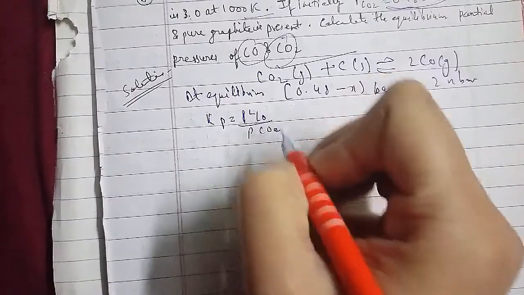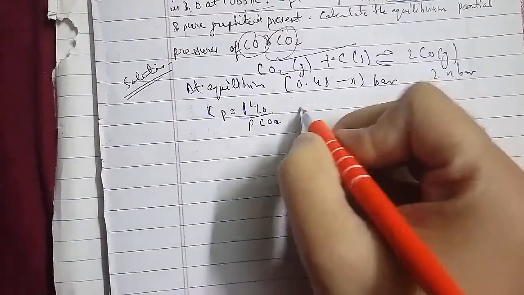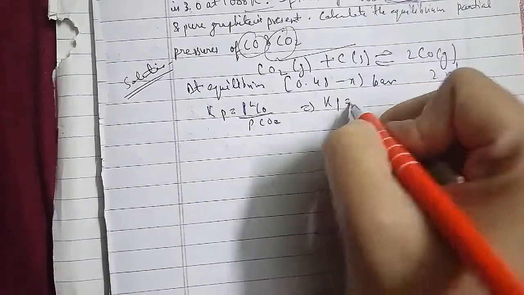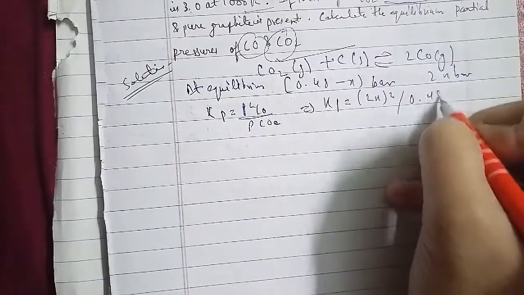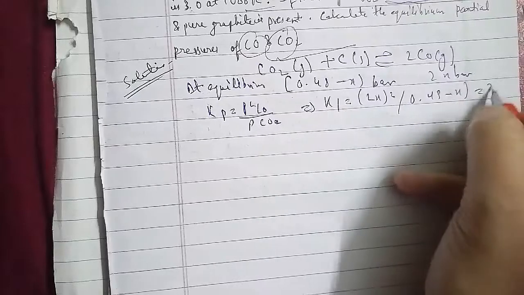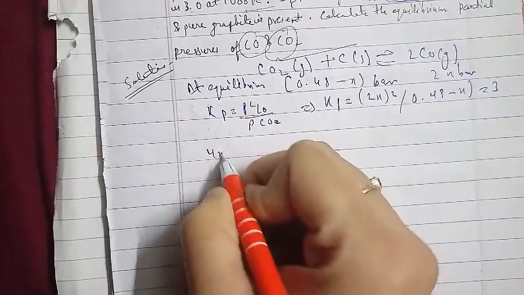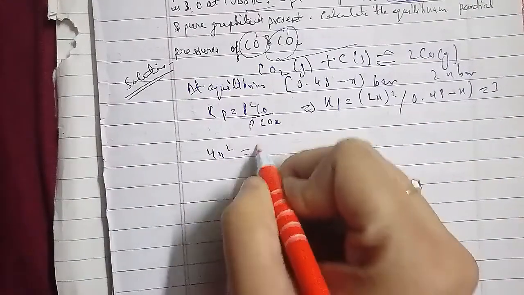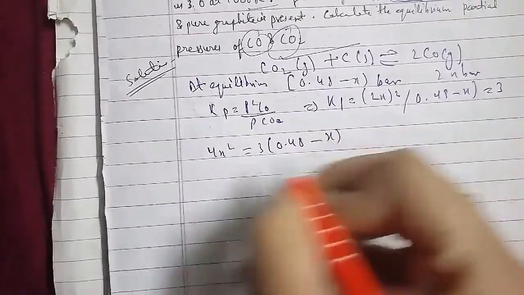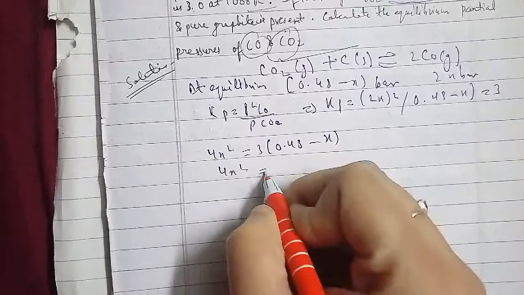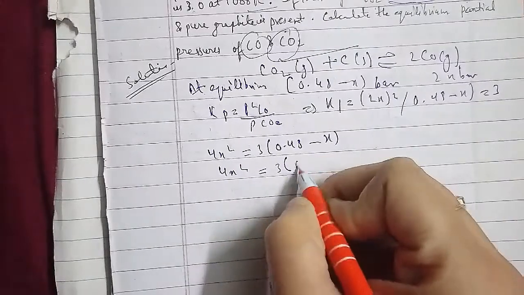And further we'll solve it: 4x squared equals 3 times (0.48 minus x). When we multiply it out, 1.44 minus 3x, then we will get 4x squared plus 3x minus 1.44 equals 0.